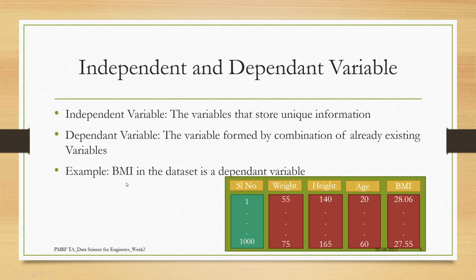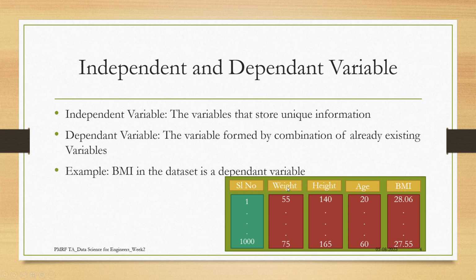Another important thing you might have seen is independent and dependent variables. Independent variables are the variables that store unique information, and a dependent variable is a variable which is formed by the combination of already existing variables. For example, in the data set which I have shown earlier, there is the weight, height, age, and BMI.